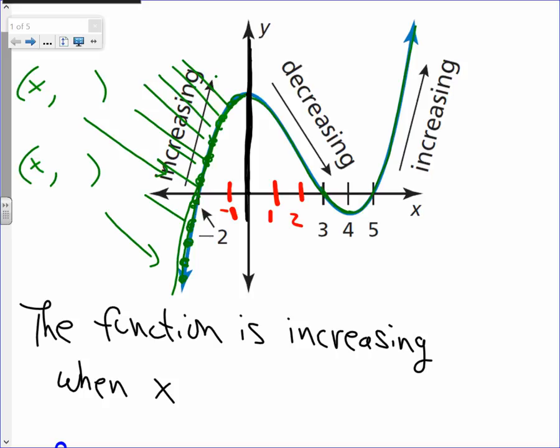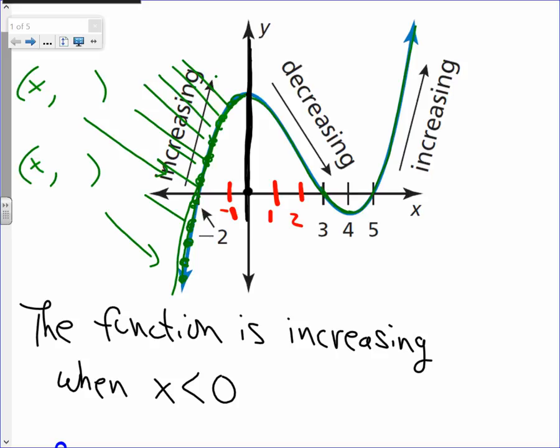It's increasing up to the top of the mountain. What value of x is this right here? 0. So the function is increasing when x is less than 0. Because look, all these values of x are less than 0. Maybe negative 2.3, negative 2.2, negative 2, negative 1.9, negative 1.8, negative 1.7, negative 1, and then 0. All the ordered pairs while it's increasing are going to have x less than 0.